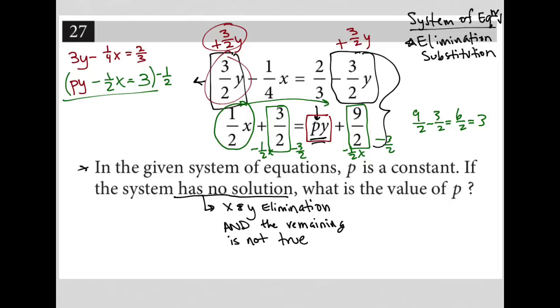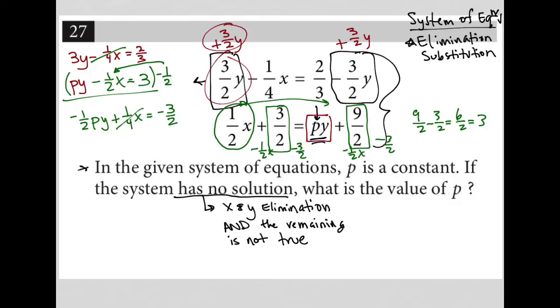Because if I multiply by negative 1/2, my x term will become a positive 1/4, which allows it to then cross out with my negative 1/4. So my new second equation would say negative 1/2 py plus 1/4 x equals negative 3/2. So then that again allows me to cross out my 1/4 x.